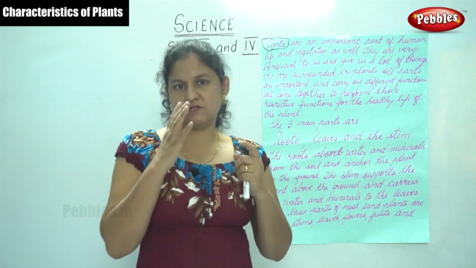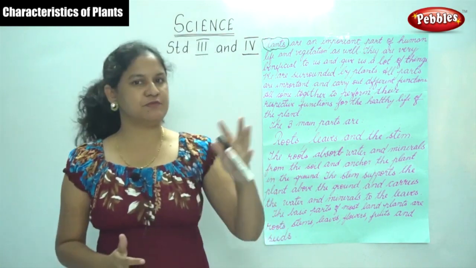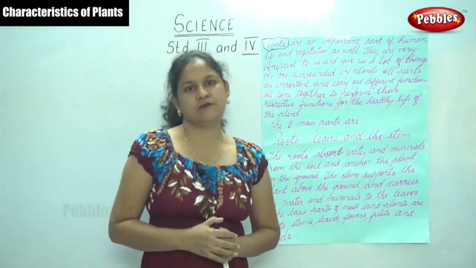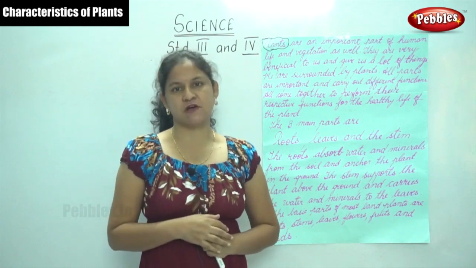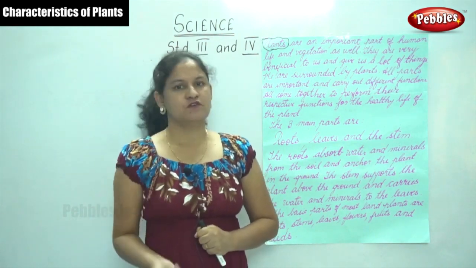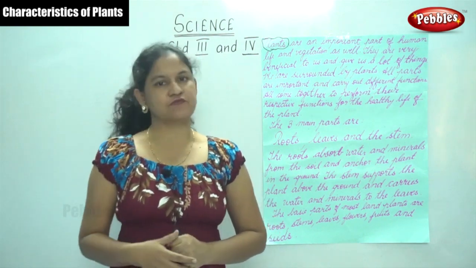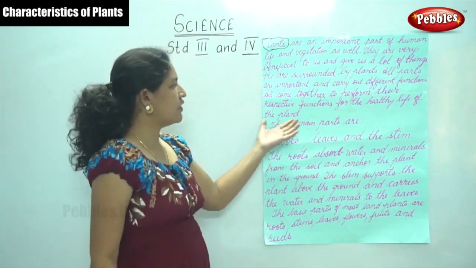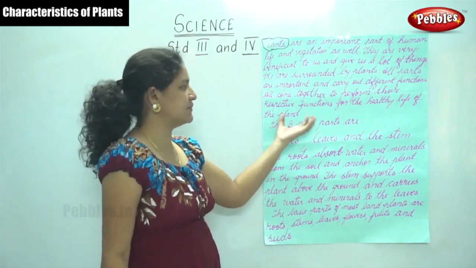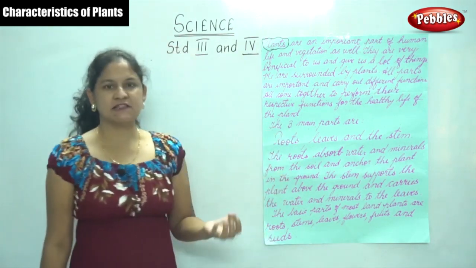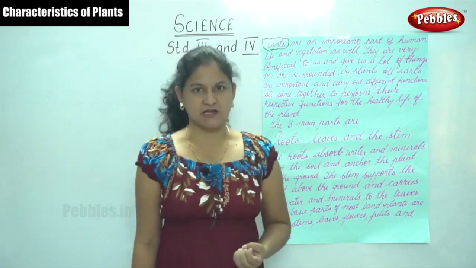The stem of the plant or the shoot performs its part, and the roots perform their part, that is, they supply water and nutrients for the growth of the plant. All come together to perform their respective functions for the healthy life of the plant.